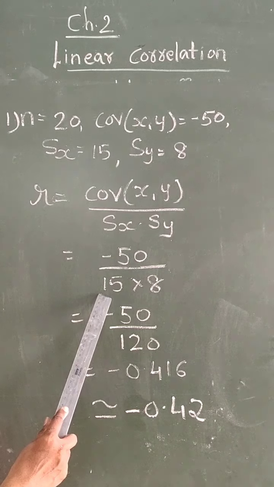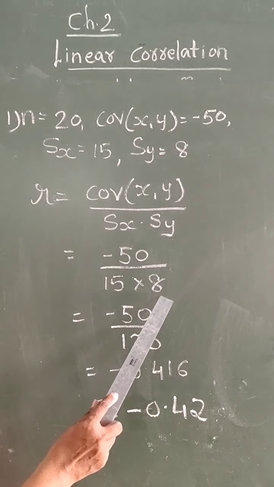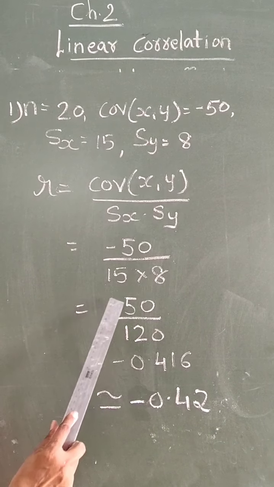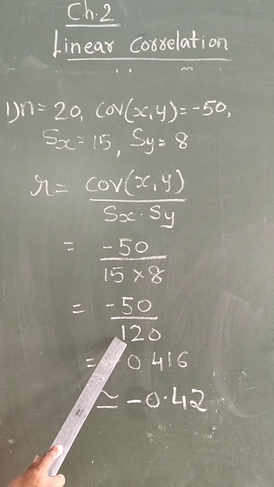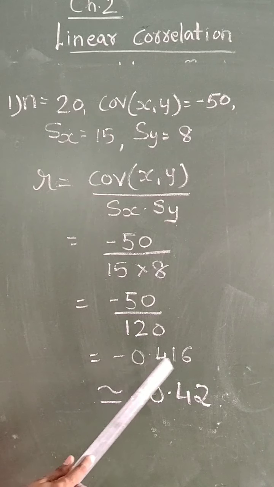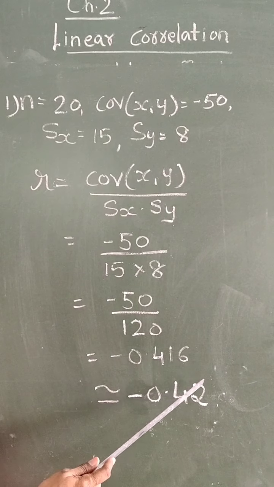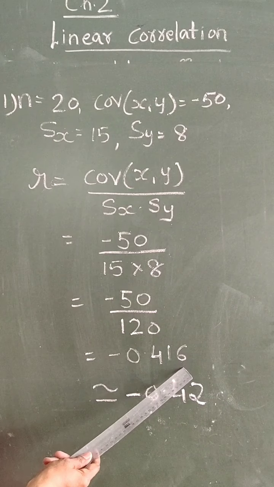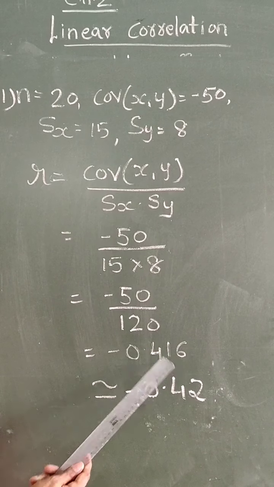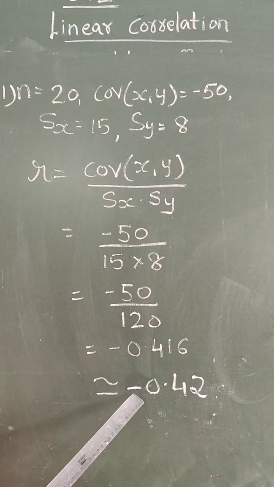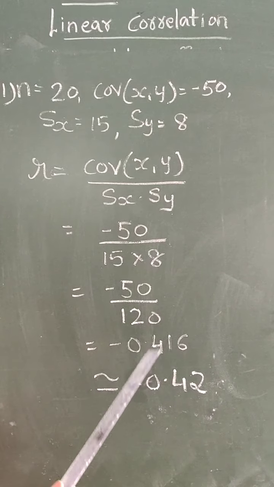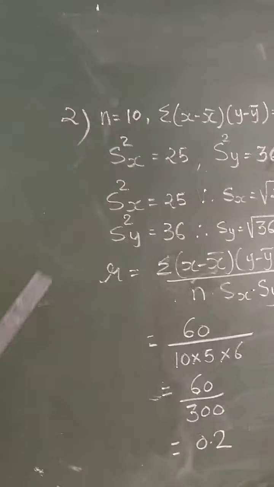Standard deviation of x 15 multiplied by standard deviation of y 8. Minus 50 divided by 15 into 8, 120, which comes to negative 0.416. As per our rule, the third digit 5 or greater than 5, we add 1 to the previous digit. So approximately our answer is negative 0.42.